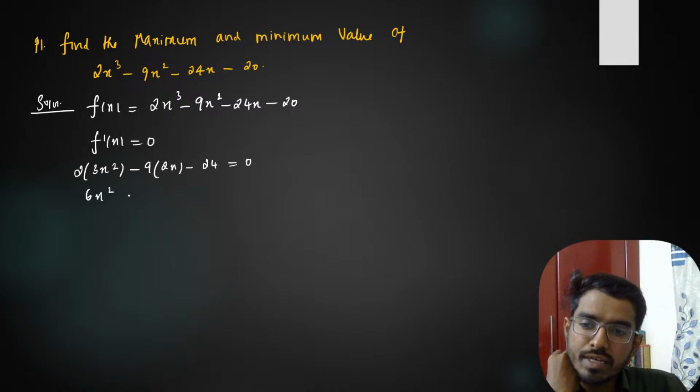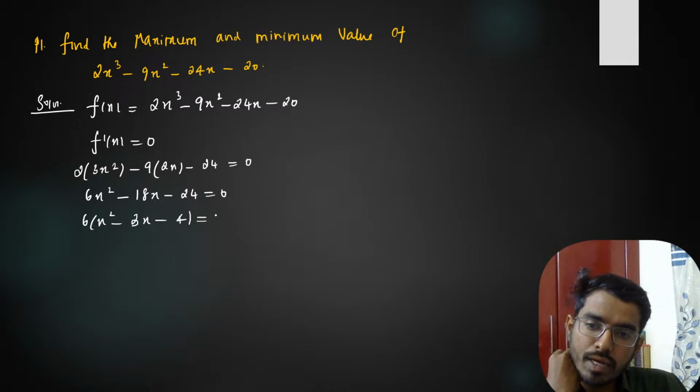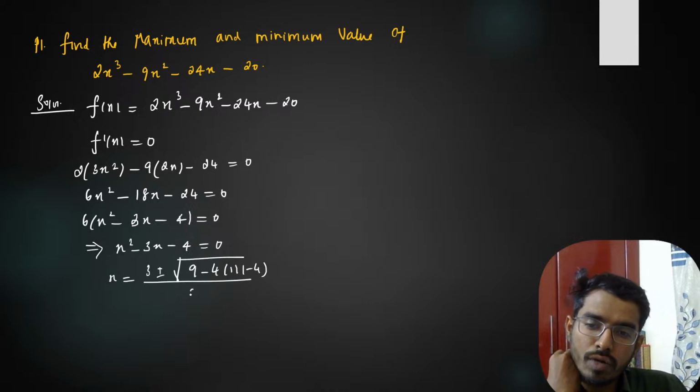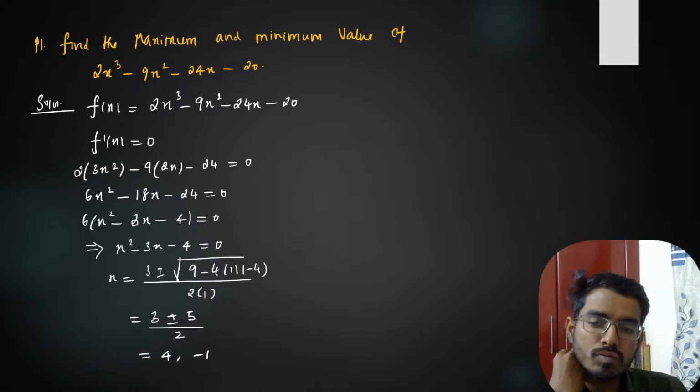So we have 6x square minus 18x minus 24 is equal to 0. This implies x square minus 3x minus 4 is equal to 0. So x is equal to minus b plus or minus root of b square minus 4ac whole divided by 2a. So we have 3 plus or minus 5 by 2. So 8 by 2 is 4, minus 2 by 2 is minus 1.